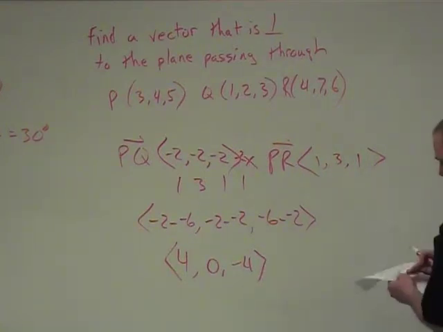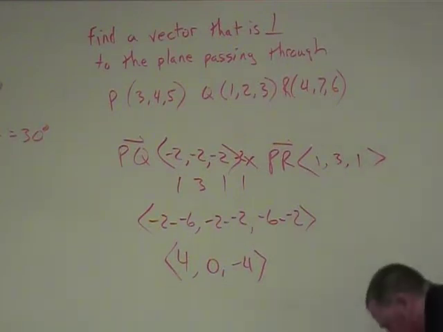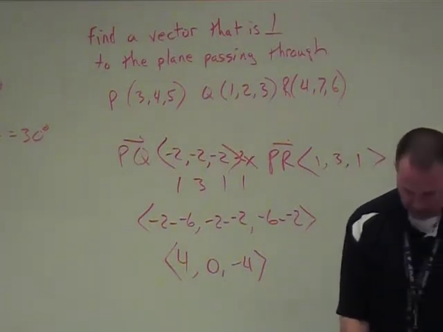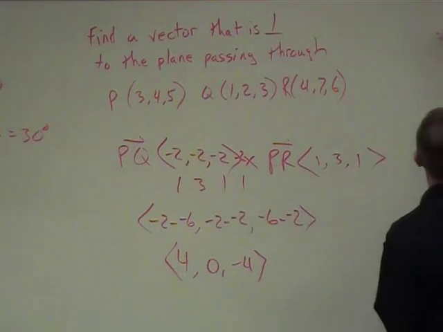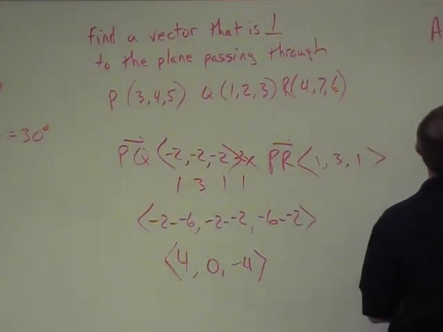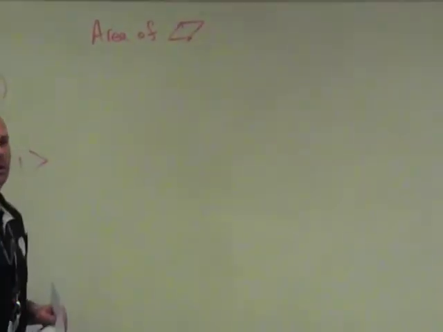All right, so let's do something a little simpler. Let's see what I have next here. How about we do the area of a parallelogram? So we've got vectors here and here. You can make a parallelogram with them.